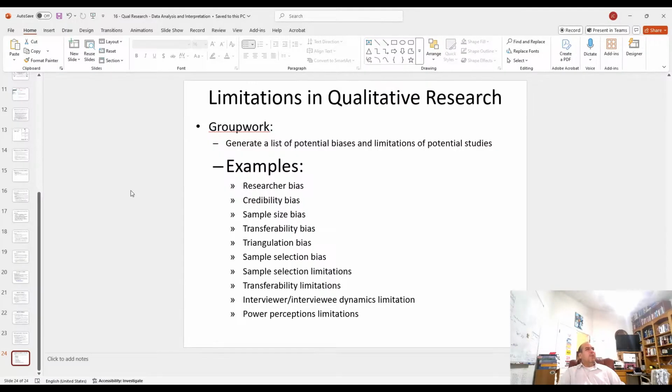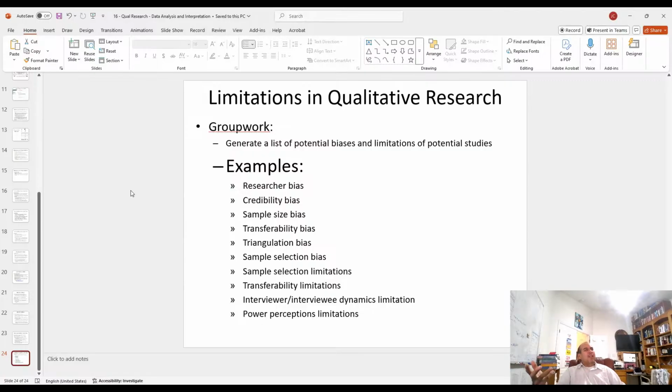And this is really an example of potential limitations in qualitative research. Researcher bias: you have too many biases and you weren't able to leave those at the door. Your credibility maybe is limited. You're trying to write about something you know very little about or haven't studied enough. Sample size bias, potentially: you're trying to make vast generalizations with really small sample sizes.